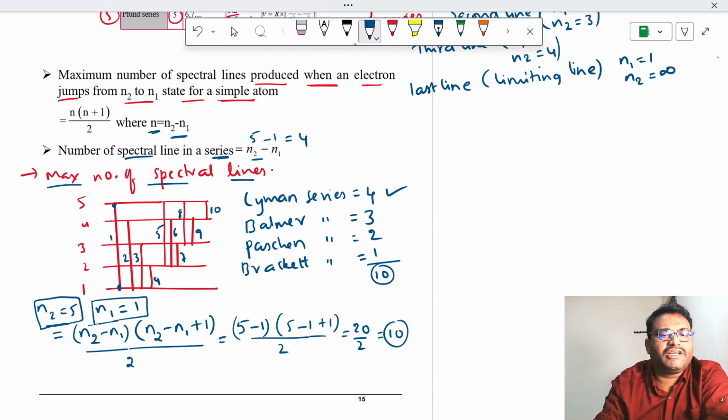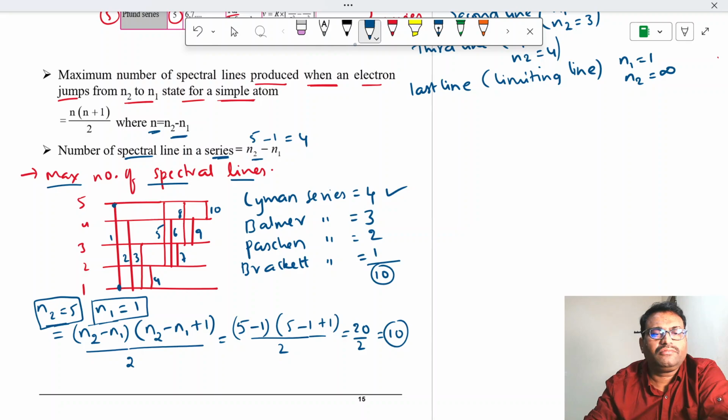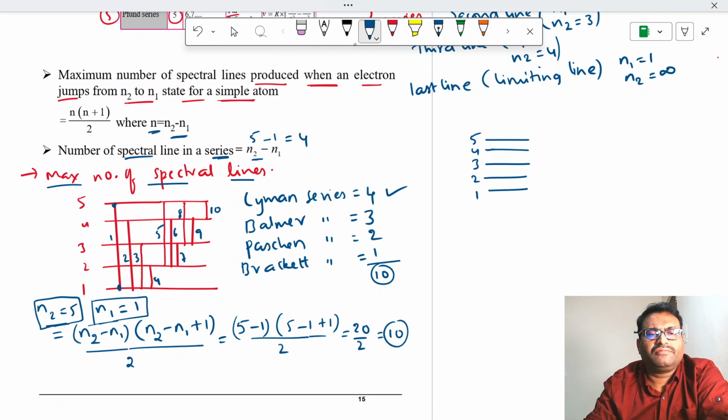Let us take the Balmer series: 5, 4, 3, 2, 1. How many spectral lines can be produced when the electron de-excites from 5 in the Balmer series?